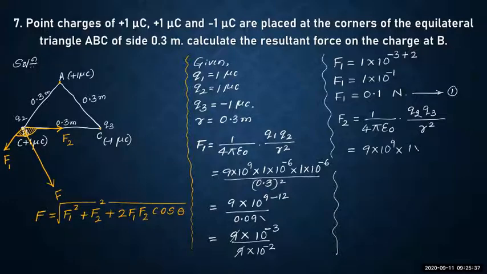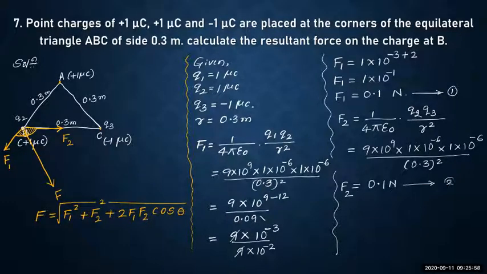It is 1 into 10 raised to minus 6. Q3 is also 1 into 10 raised to minus 6. Same, everything is same. It is 0.3 whole square. Hence, when you make the simplification, you get the same answer, that is 0.1 Newton. Call it as 2. Okay, we get the same answer. Any problem? Any doubt?